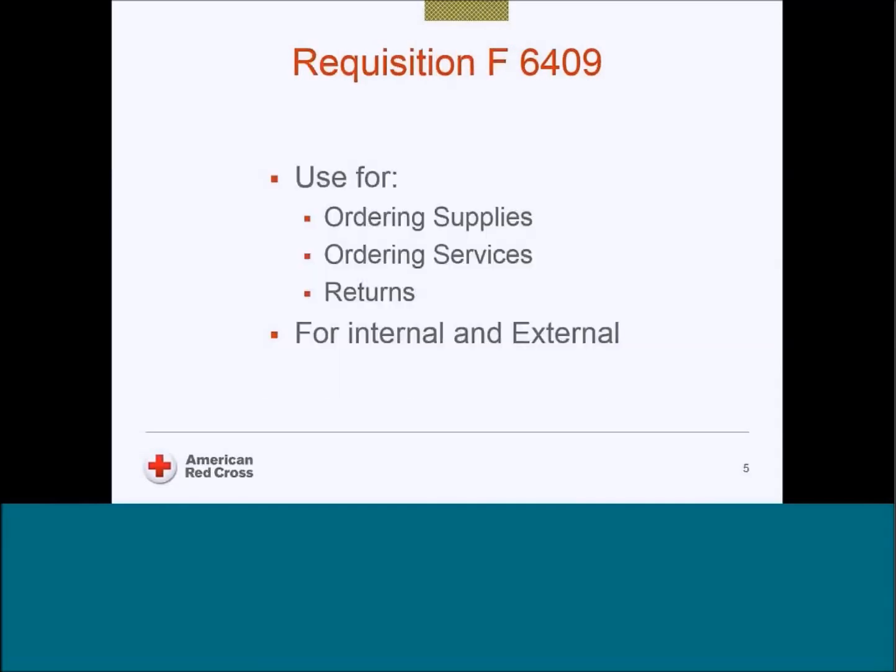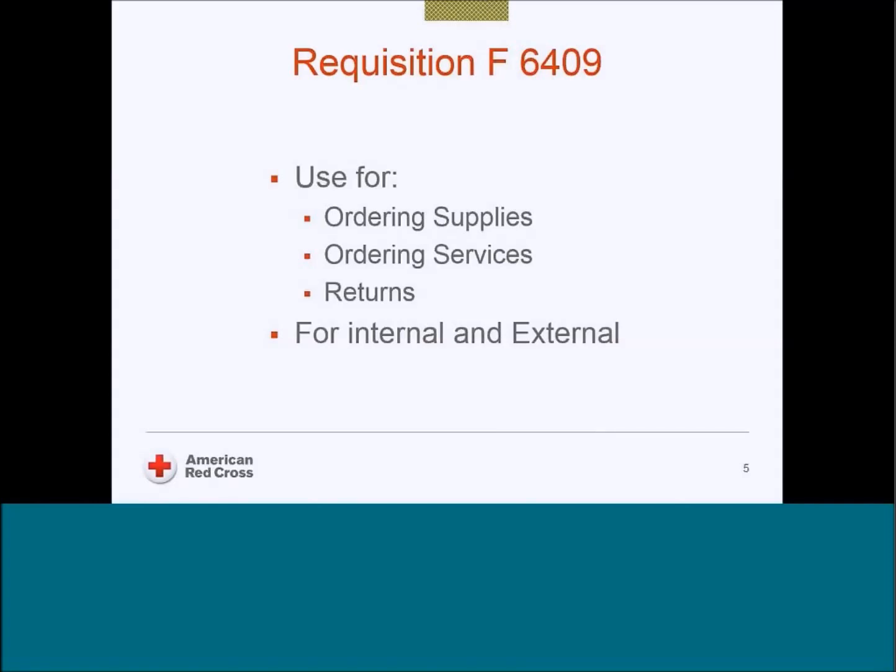So before we get started, I just want to tell you a little bit about the requisition, and I'll refer to it as the F6409 because that's how you'll see it in the exchange. We use the requisition 6409 for ordering supplies on a disaster relief operation, and we also use it for ordering services.